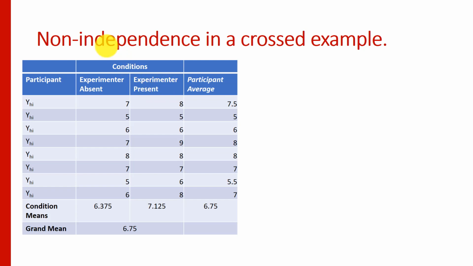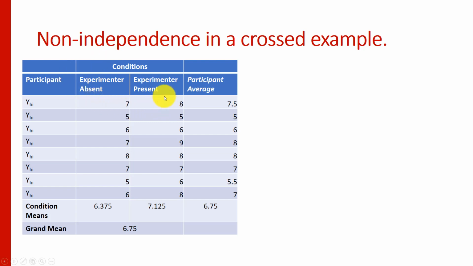Right, and we have to understand then how to deal with the statistical dependence in our data, because if we simply analyze these data as independent bits of information, what we would find out is that the residuals from one participant are more alike than they are different, and we would have a positive non-independence in our data. So similar to what we had to do with the nested example, we're going to create an ANOVA table in which we partition the variance into different categories. And we have to remove the statistical dependence between people, right?